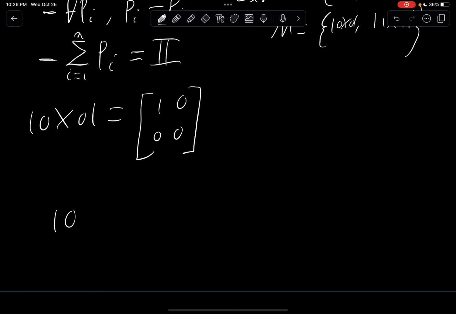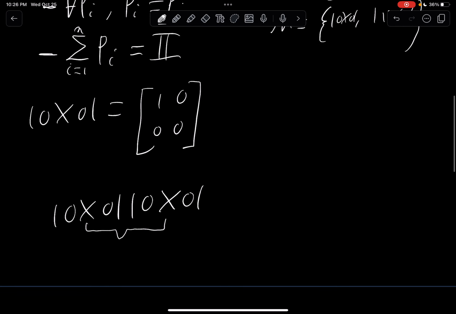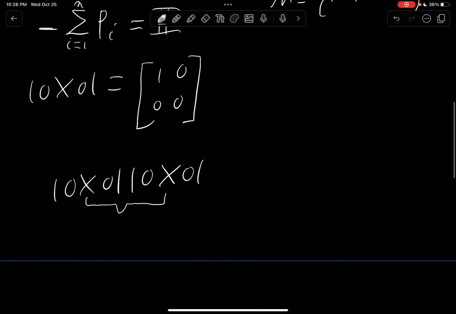Well, let's take this and square it. So we're going to multiply it like this. Now, what this Dirac notation allows us to do is to observe that these middle two, well, this is just an inner product, right? I here have just 0 with a bra on the left side and a ket on the right side.